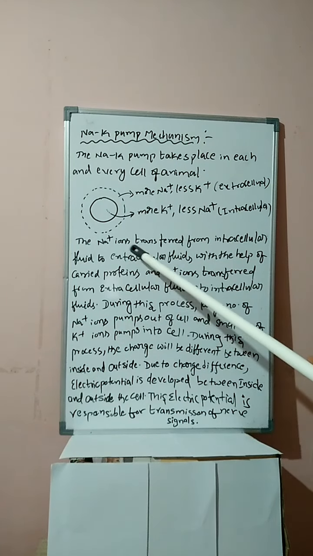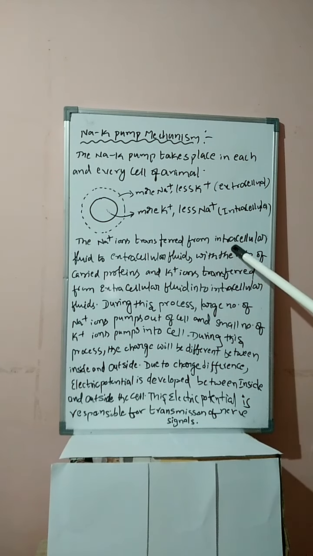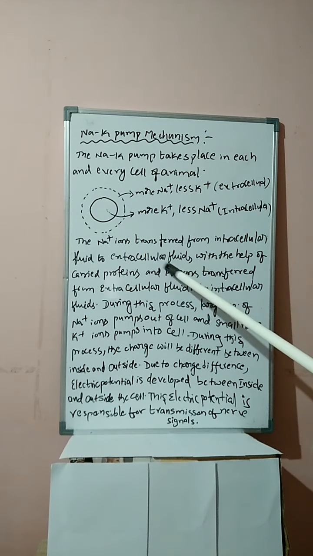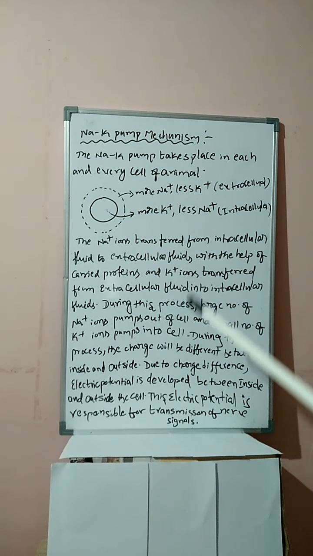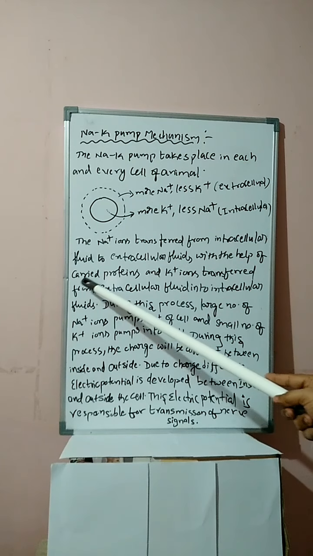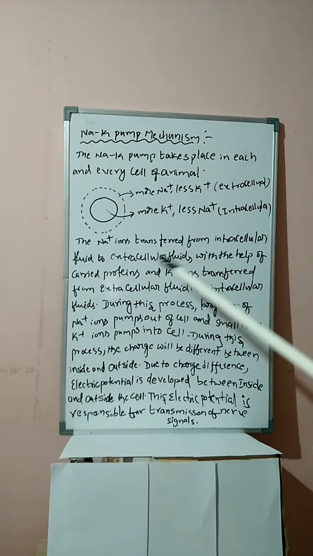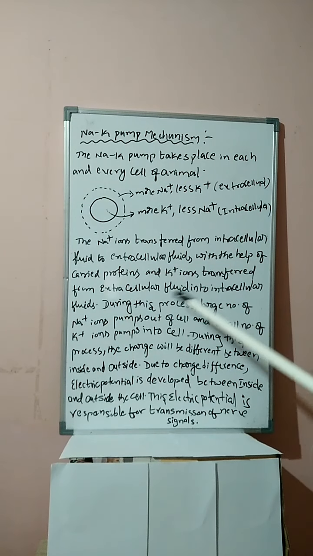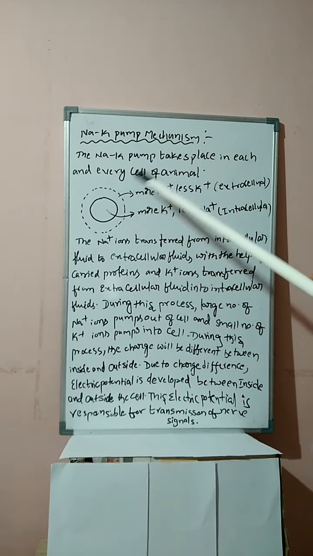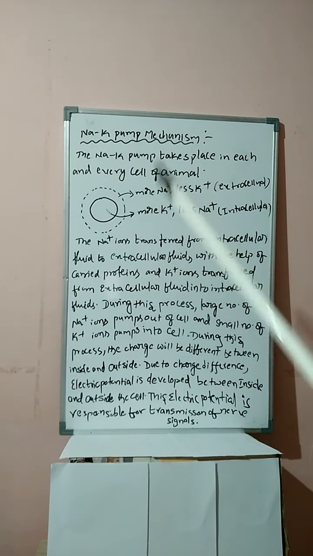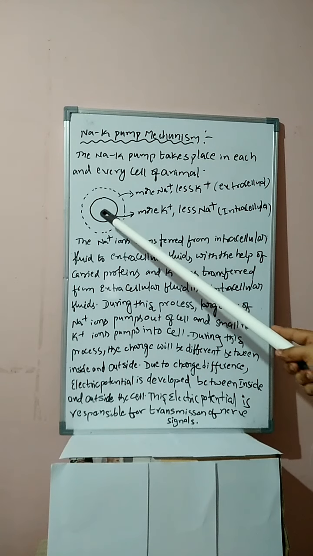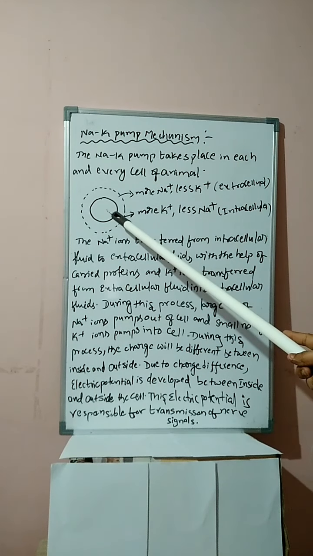That is, the Na+ ion is transferred from intracellular fluids to extracellular fluids, from inside to outside, with the help of carrier proteins, and the K+ ion is transferred from extracellular fluids into the intracellular fluids, from outside to inside, because the intracellular fluids contain mainly K+ ions.